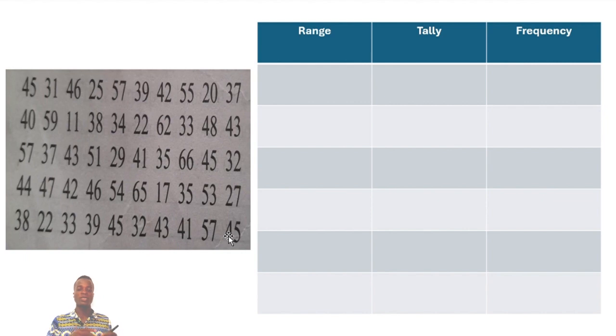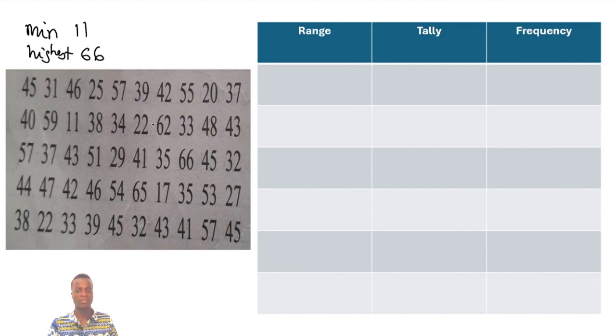So 66 is up there, and 11 is down there. So the minimum that I have is 11, and the highest I have from the list is 66. You can cross check with me, but that's what I have.